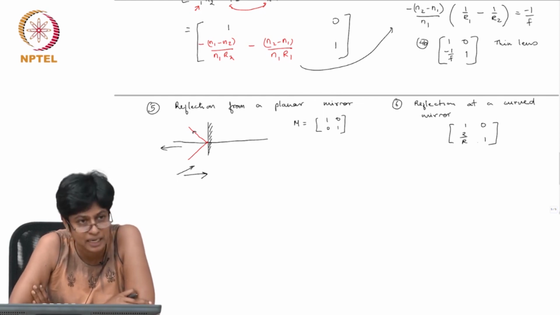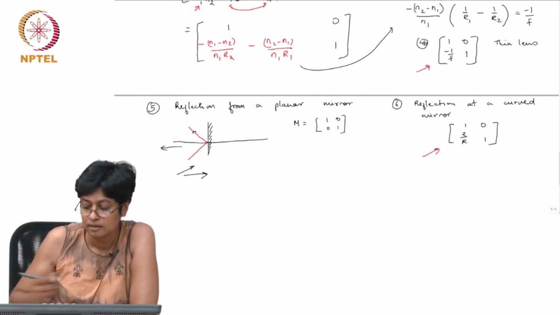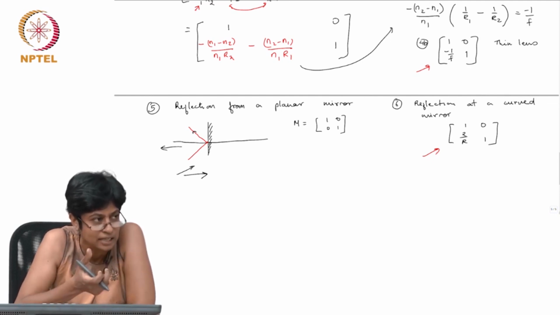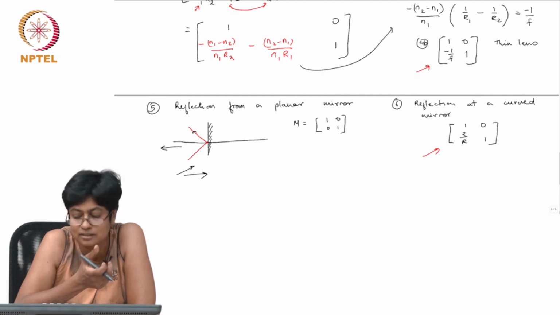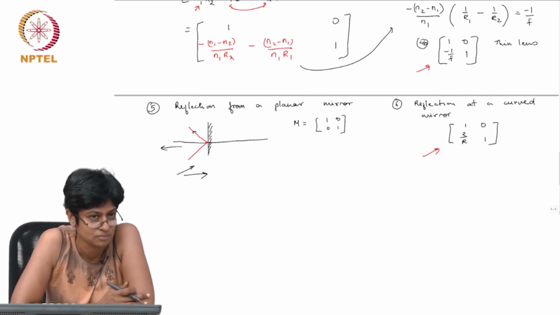So, it is not surprising that this matrix and this are really very similar, right. The C term, the term that changes the angle, is the only term which has a value other than 1 or 0, right.